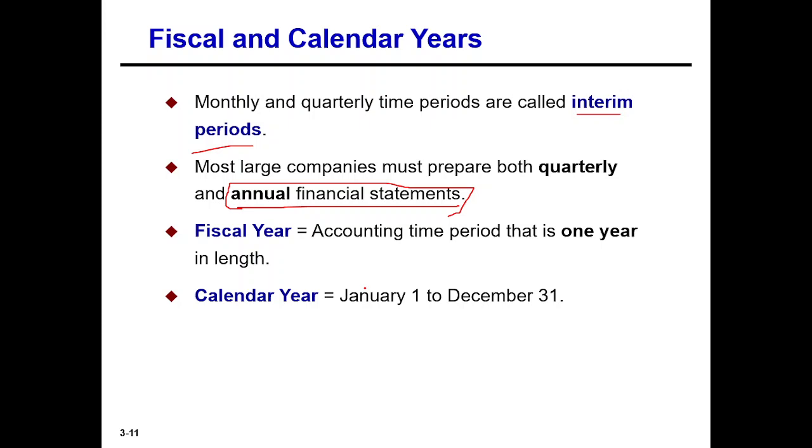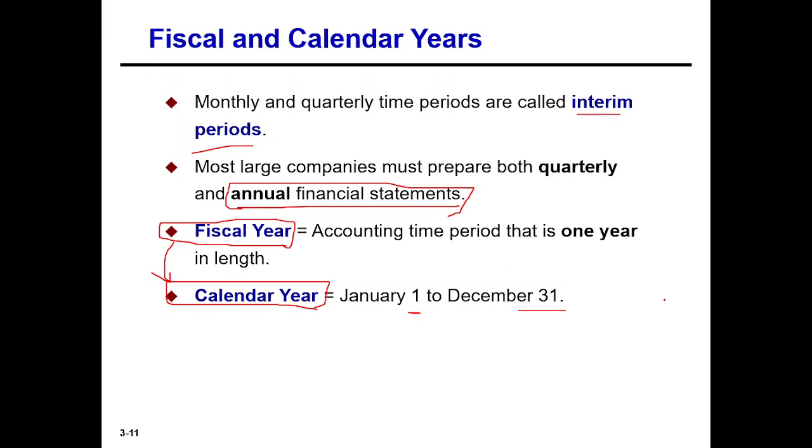If 1 year started from January 1 to December 31, we call it a calendar year. Fiscal year, the year that we prepare financial statements for, may be the same as the calendar year if it starts in January and ends at the end of December.